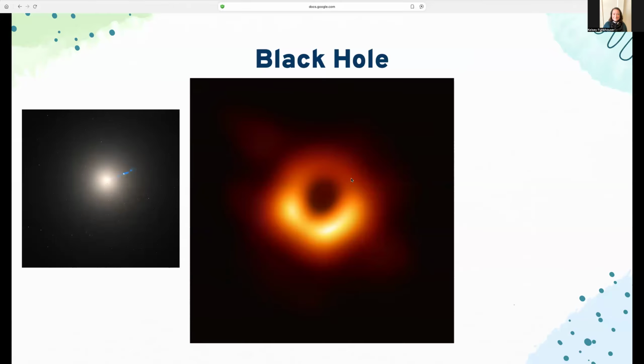But because there's material moving so fast in orbit of the black hole, we end up with this jet here. That is coming from the material trying to go into the black hole. So that can sometimes happen: it will accelerate things so much that as long as it's not within the region where it has to move faster than the speed of light, it can rocket that stuff out.